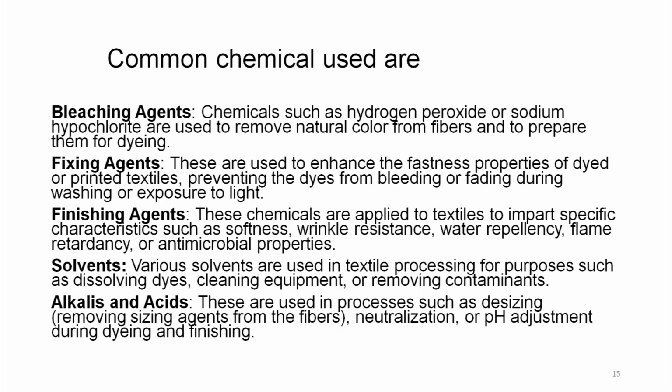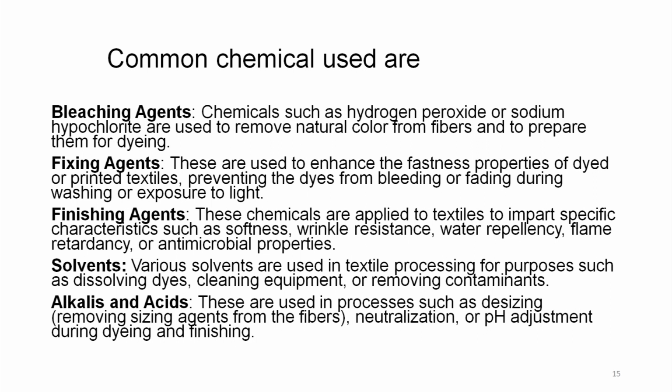Then there are bleaching agents. Chemicals such as hydrogen peroxide or sodium hypochlorite are used to remove natural colors from the fibers and to prepare them for dyeing. So, as we all know, grey fabric cannot be simply dyed directly.